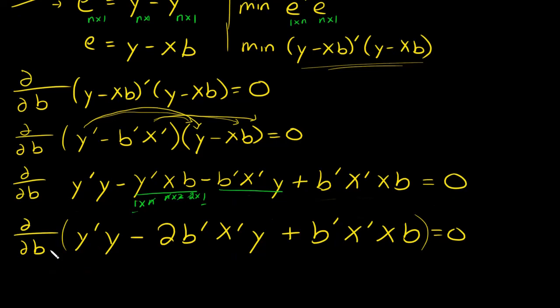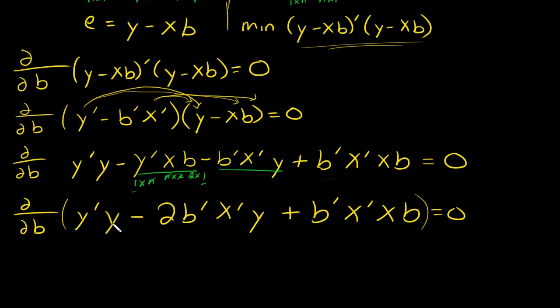All right, now the partial derivative of y, right, there's no b here. So for this first piece here, it's nothing, 0, okay? Then the second piece, it only has one b. So when you take the derivative of it, it's going to be 2, and then the b just basically drops away, times x prime y.